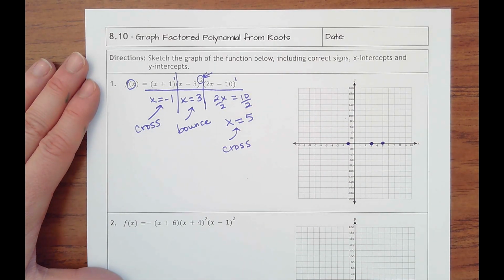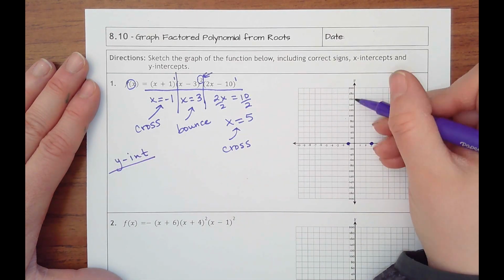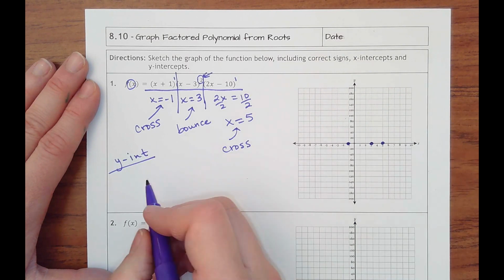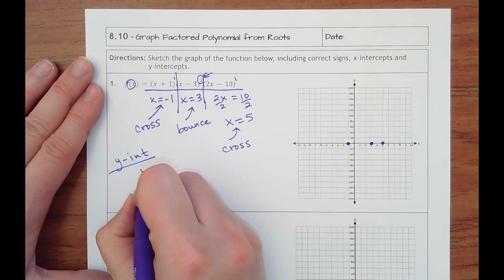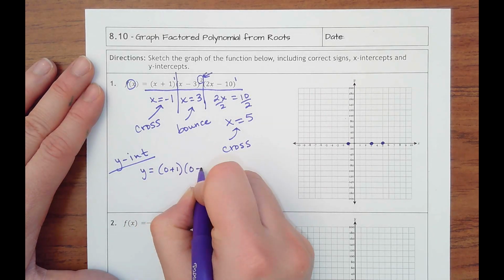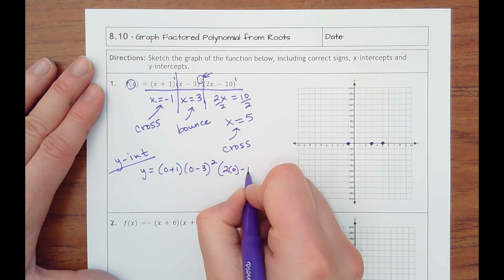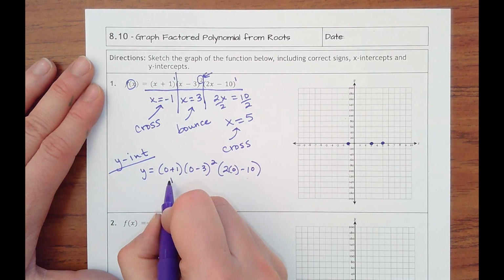Okay, and then the y-intercept. We're going to find a y-intercept that puts it on the y-axis, where there's going to be an x value of 0. So y will equal 0 plus 1, times 0 minus 3 squared, times 2 times 0 minus 10. That would be 1.